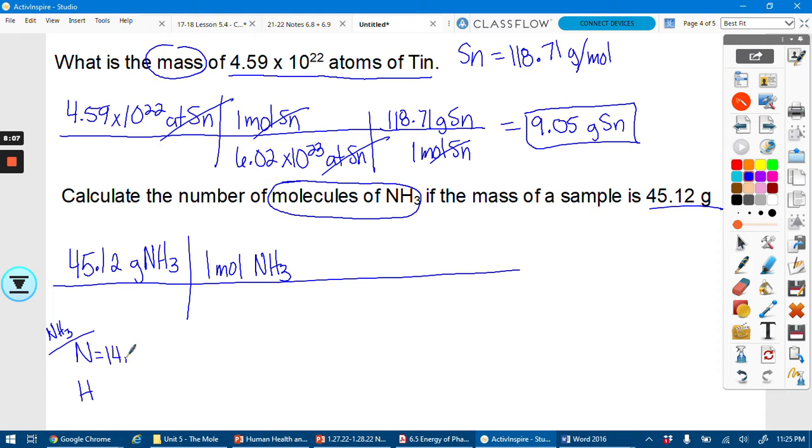So for nitrogen, it's 14.01. For hydrogen, it's 1.008. Then we need to multiply by the number of atoms in the formula. So we have 1 nitrogen and 3 hydrogen.